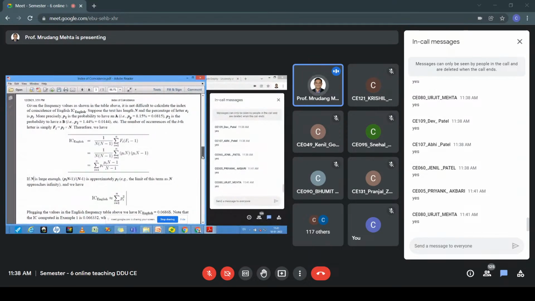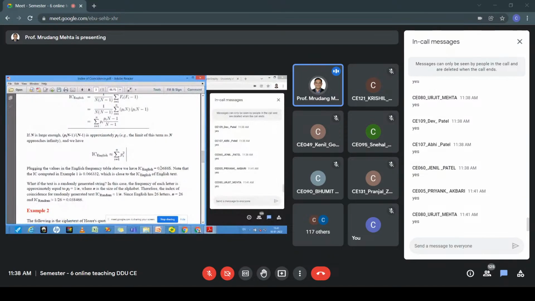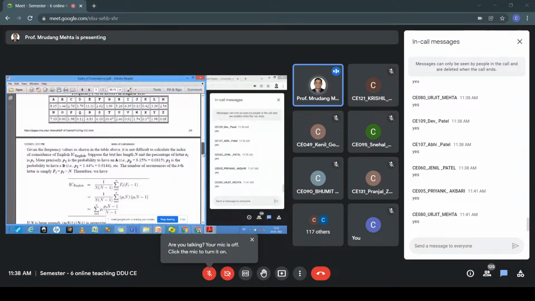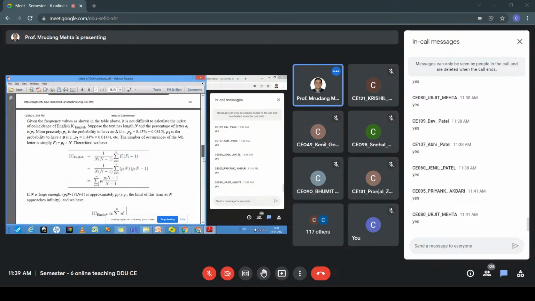So for all 26 letters, we take the probability squared, and what we get is 0.0686. You have to do this manually. You can verify this by computation. It is not straightforward. Here it is written in one step, but you have to do it manually.